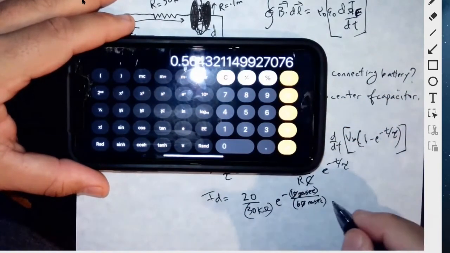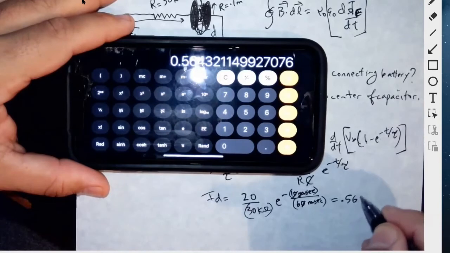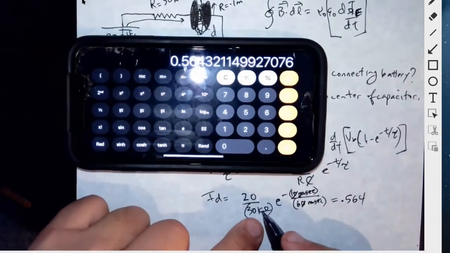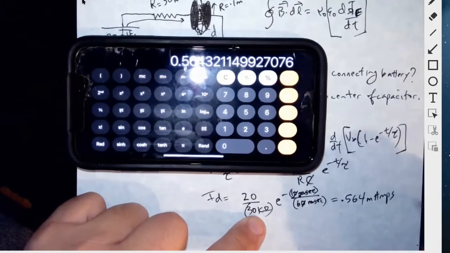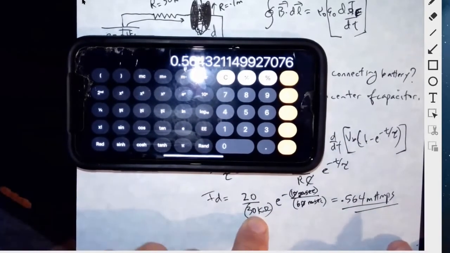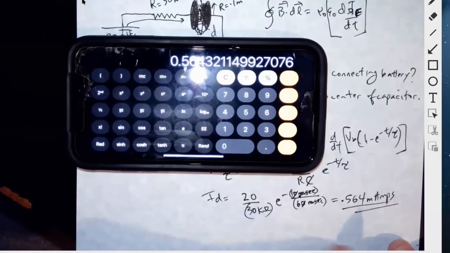So then it's going to be 0.564, and then 1 over kilo gives you milliamps. All right, so I didn't even use the kilo. So then that's a milliamp. Yep, so that's the displacement current at that time.